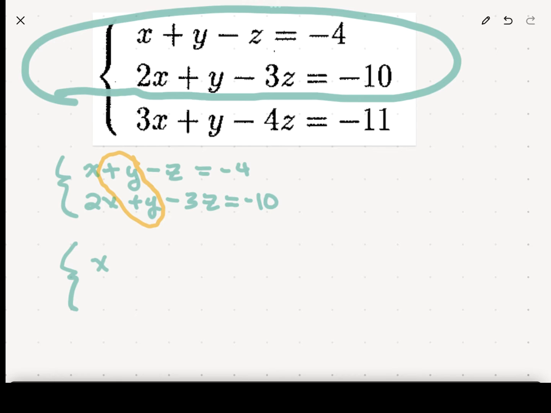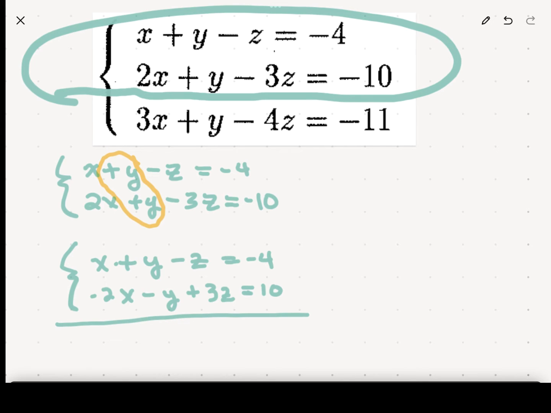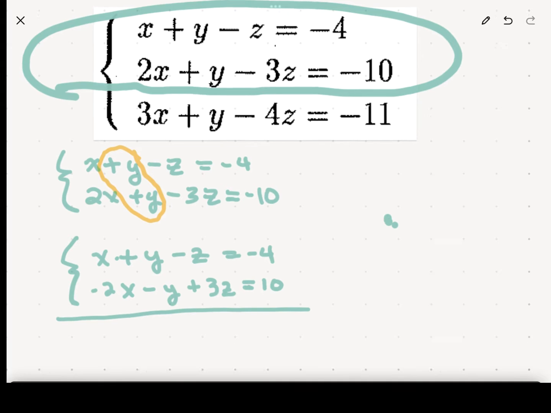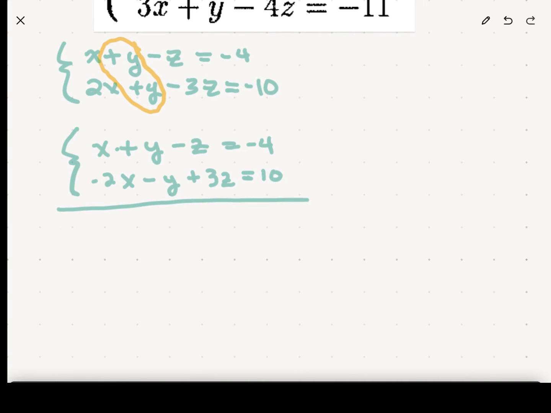So I have x plus y minus z equals -4, and -2x minus y plus 3z equals 10. I chose to have opposite leading coefficients so that I can add.